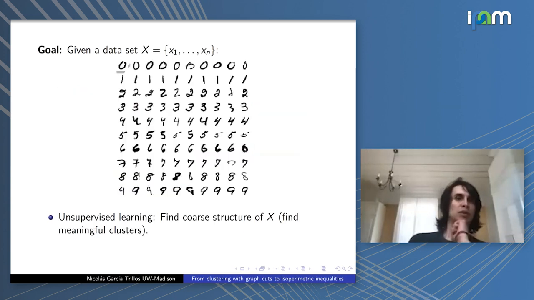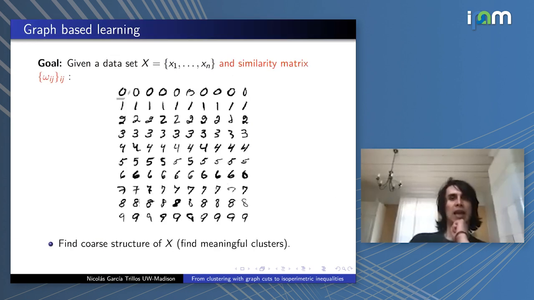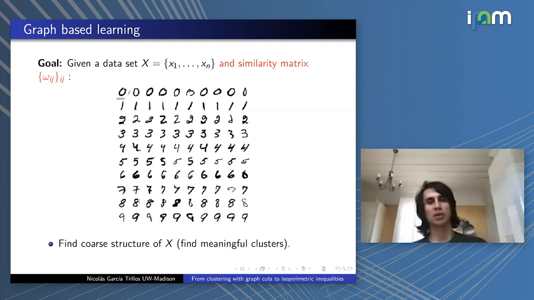And of course, you could ask that question for data sets of famous paintings, or you could do unsupervised learning for data sets like MNIST, where maybe what is important is that you not only have the data sets as images or some sort of representation, but perhaps the important part is to have some similarity relationship between individual data points.